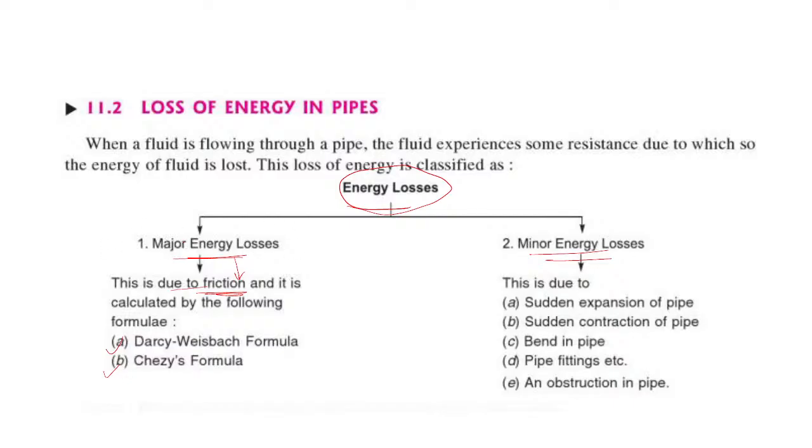Using two different approaches: one is the Darcy-Weisbach formula, and the other is the Chezy formula. For the Chezy formula, a C value is given, which is not in your syllabus, so you can ignore it. We will only focus on the Darcy-Weisbach formula.